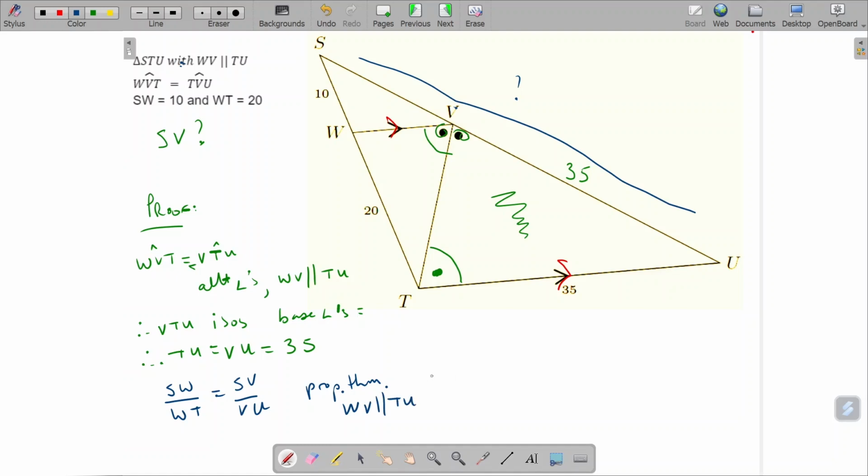Now, what I'm going to do is substitute all my values back in here. Unfortunately, I've run out of space for the moment, so I'm going to continue my argument over here on the right-hand side. I'm going to simply substitute all my values in here. 10 over 20 equals SV, the side I'm looking for, over 35.